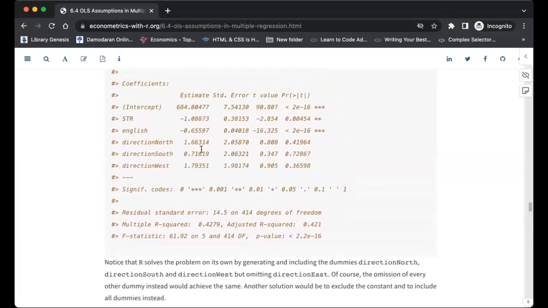So in a sense, dropping one of the dummies helps us explain the ones we have in the model relative to the one that is dropped.